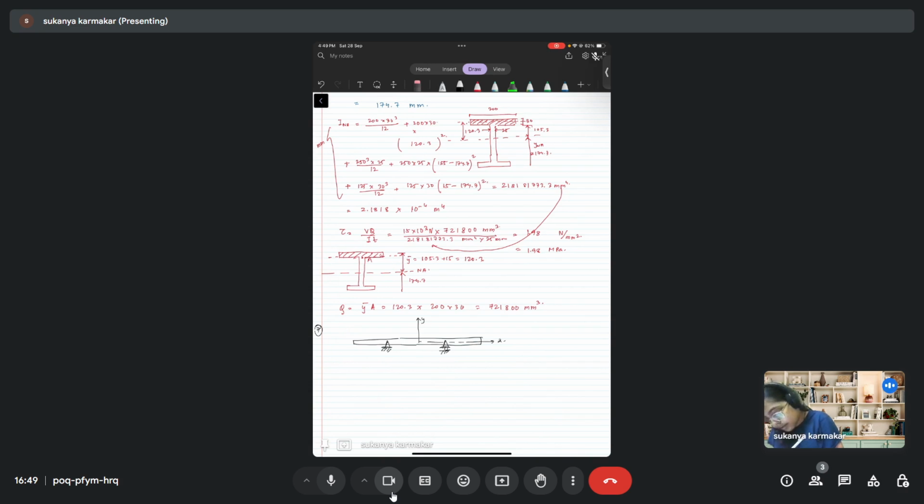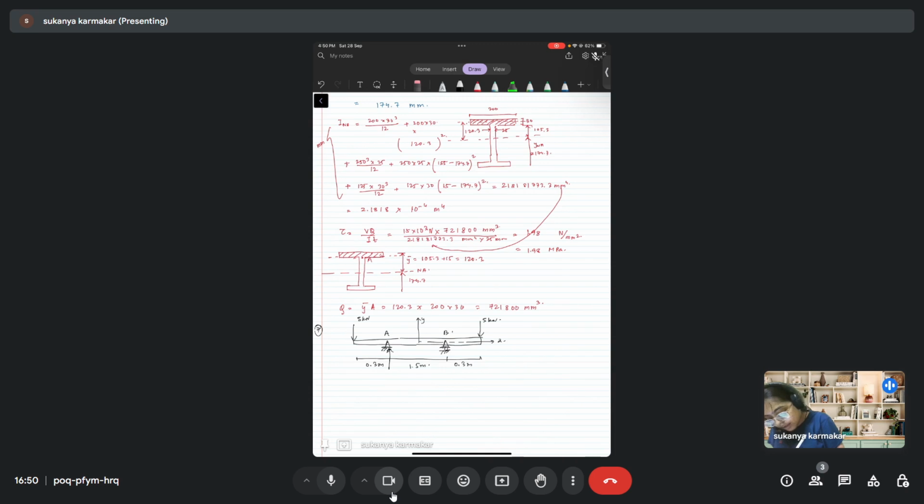This is point A and B. Here and here I have a 5 kilonewton load acting. This length is 0.3 meter, this length is 0.3 meter, and this is 1.5 meter.